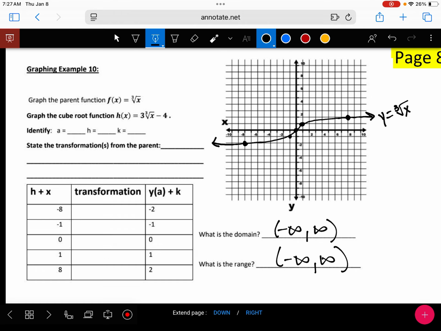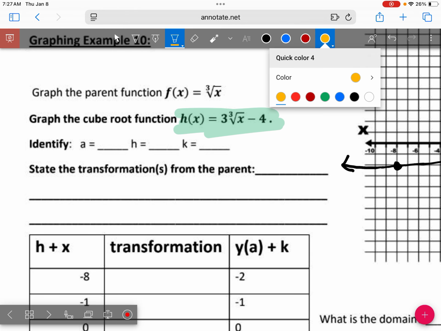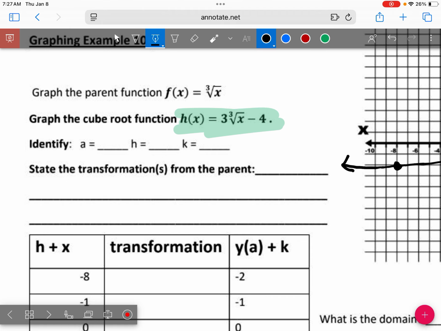So now let's look at our new function, which is right here. And what's my A, H, and K? So what's the number you see in front? What's the number in front of 3? What is that going to make our graph do? Stretch.